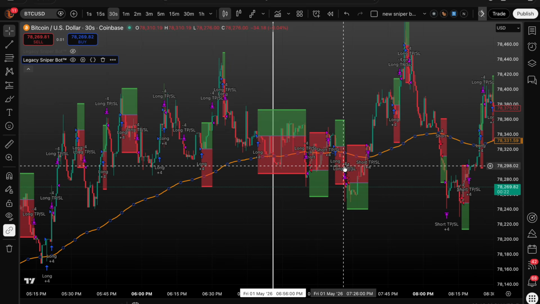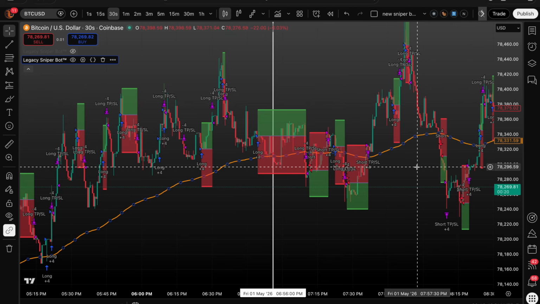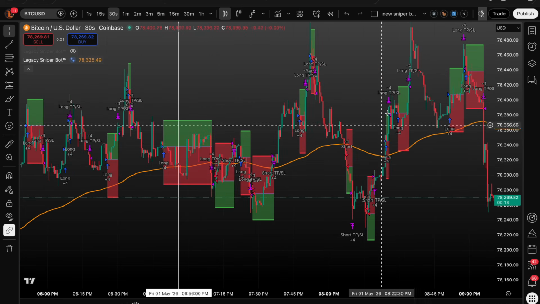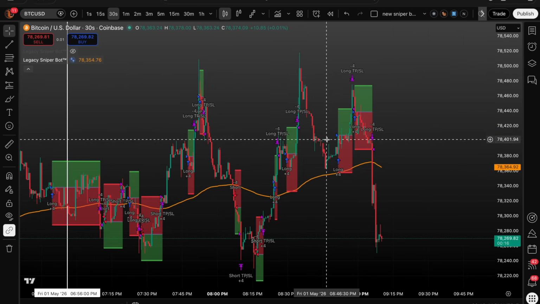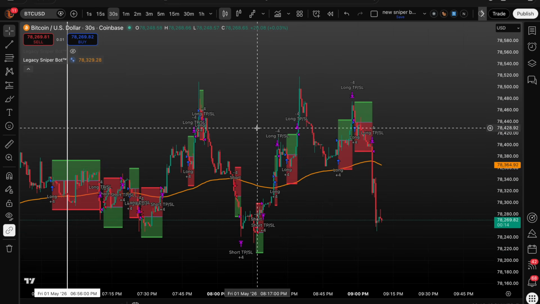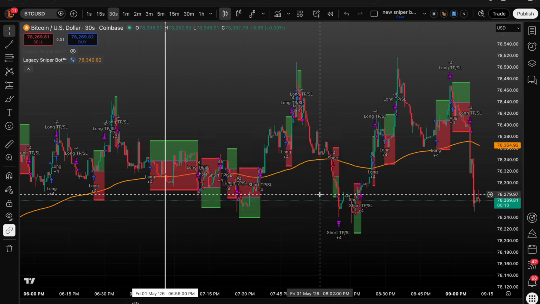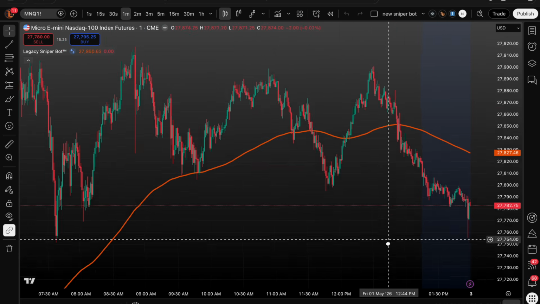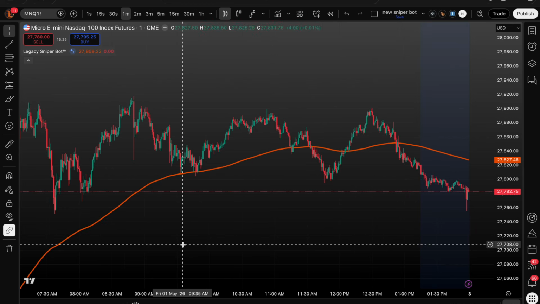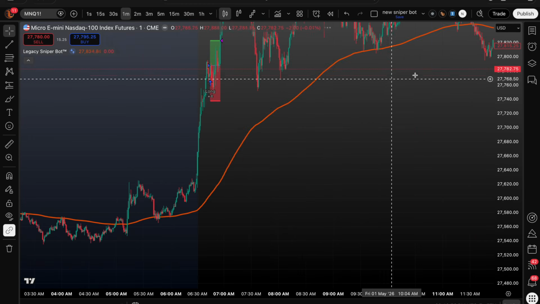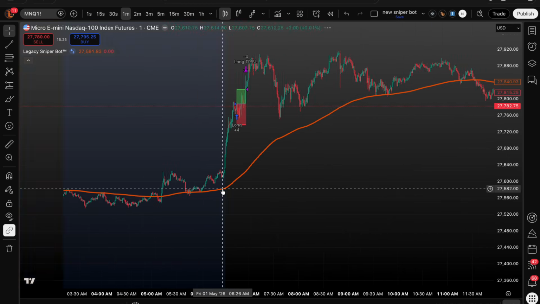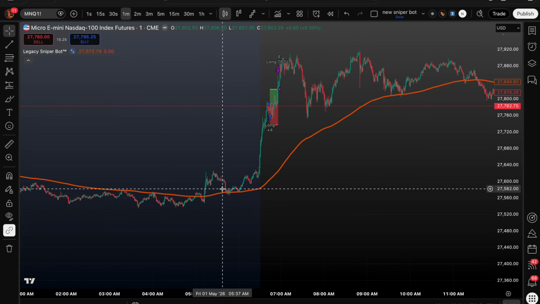So hopefully the alert got fixed because it worked with crypto. I did not see any signs of repainting at all with the crypto market, but I'll find out with the futures market, okay? But that is the legacy sniper bot. Hopefully that will be released next month, but it will only be available on the legacy prime plan.